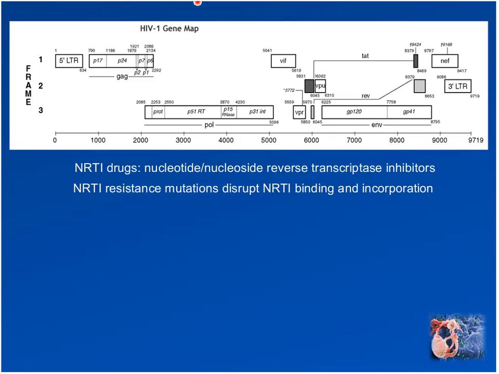But as I mentioned earlier, drug-resistant mutations arise, and in this case, the drug-resistant mutations that arise make it difficult for the NRTI drugs to bind to HIV-RT and become incorporated, thus preventing the chain termination events that prevent the virus from replicating.